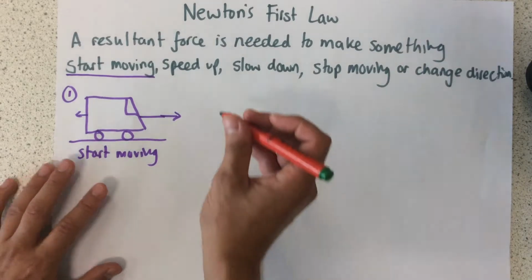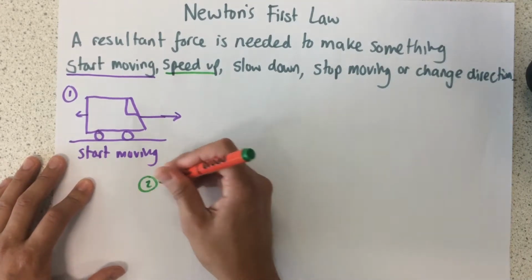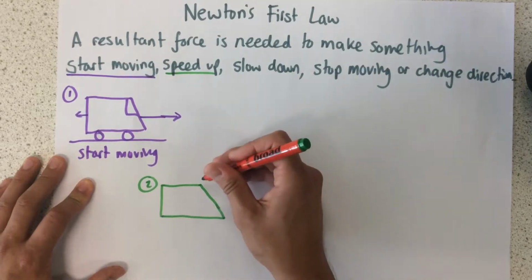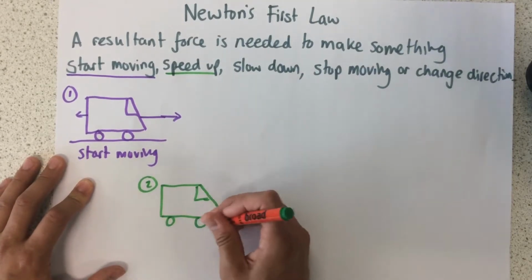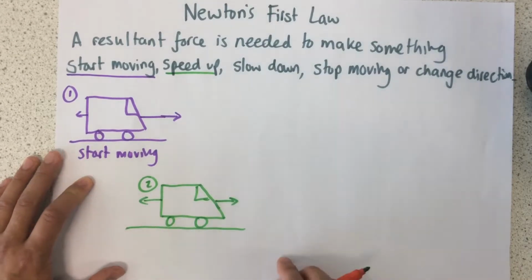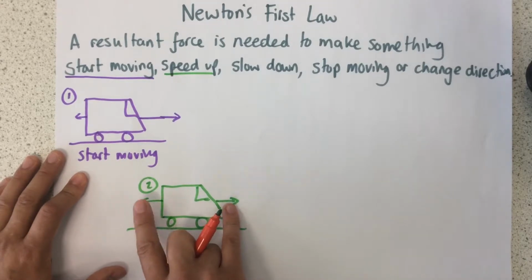So we also can speed up. That's our second scenario. Let's imagine right here we've got a different van. At the moment, it's travelling at a constant speed. I can tell that it's travelling at a constant speed, or constant velocity, because these arrows are the same size. So it means the forces are balanced.